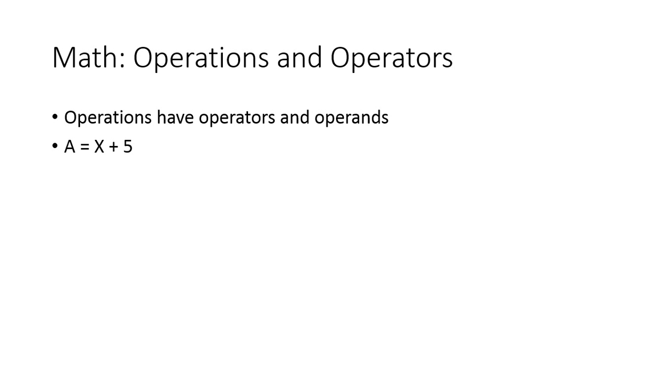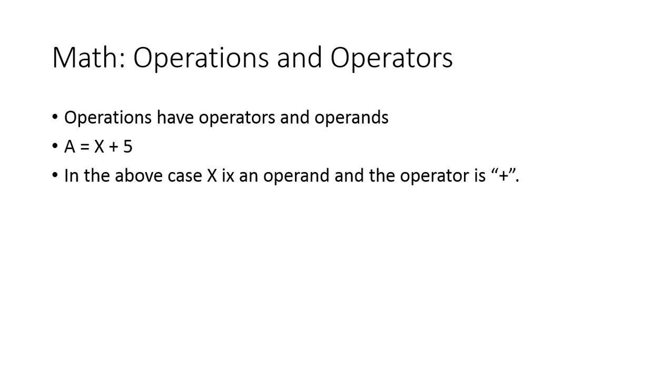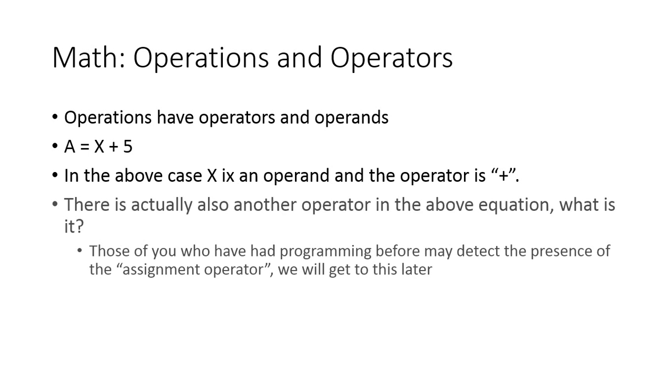That shows that the x and the 5 are being operated upon and assigned into a. So that's the most important thing to understand in terms of how you're dissecting code, is what actual operands are being placed into the thing that's going to operate on it. So they're kind of like parameters that go into that operation. So in this case, x is an operand and the operator is plus.